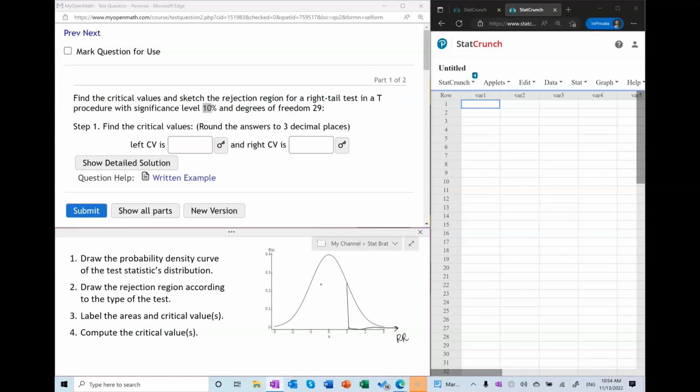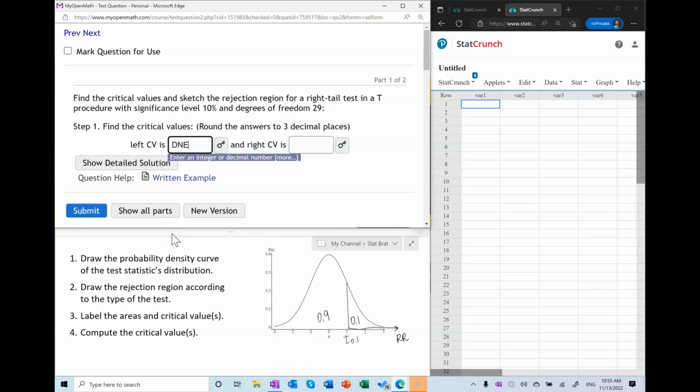And we're going to label the area. So we label the area according to the type of the procedure and the significance level. So the rejection region's area is always equal to the significance level. So in this case, this is equal to 0.1, and therefore this is equal to 0.9. Using alpha notation, we will label this critical value as t sub 0.1, and as you can see, the left critical value does not exist in a right tail procedure, so we can immediately answer that.